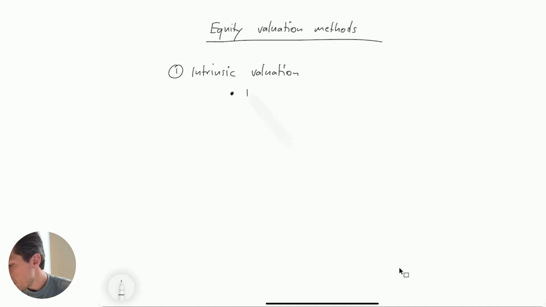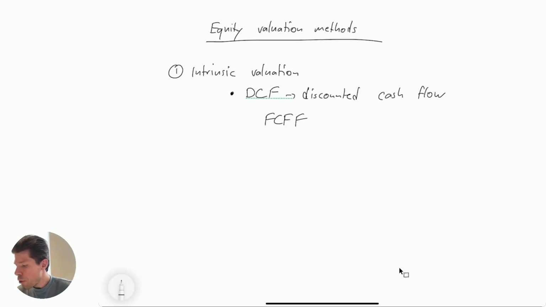methods. The first one is DCF, discounted cash flow. And here we use either the free cash flow to the firm approach, which gives us the free cash flow that is available to shareholders plus debt holders.